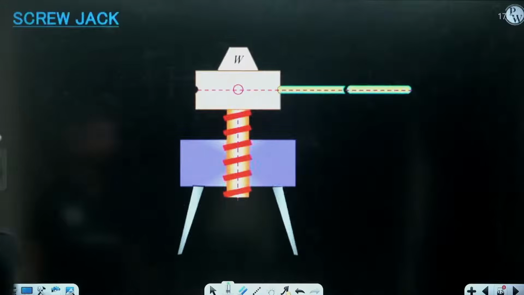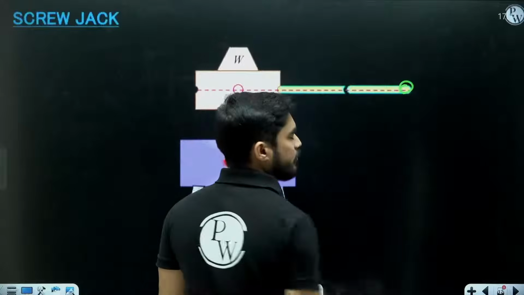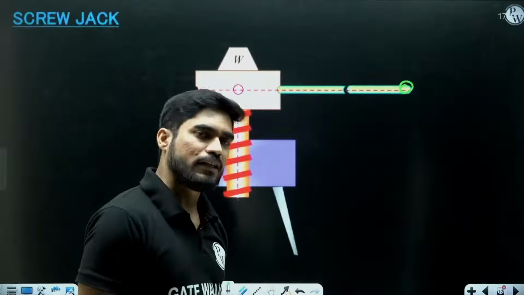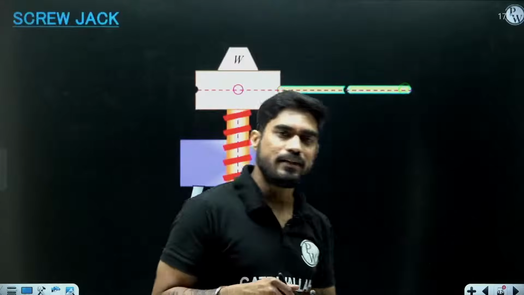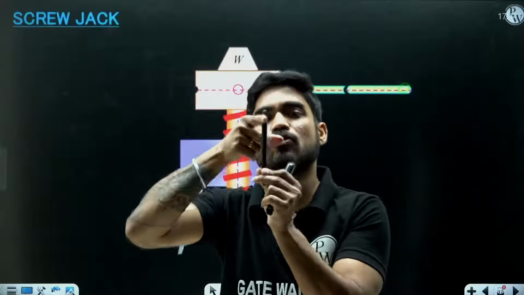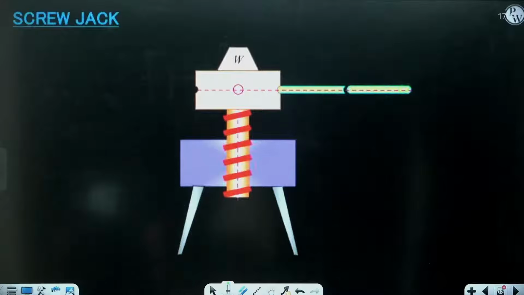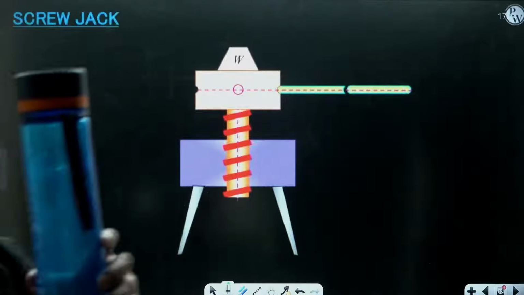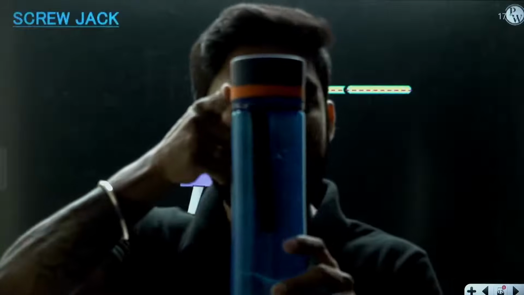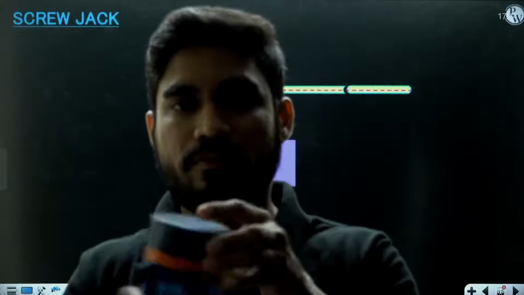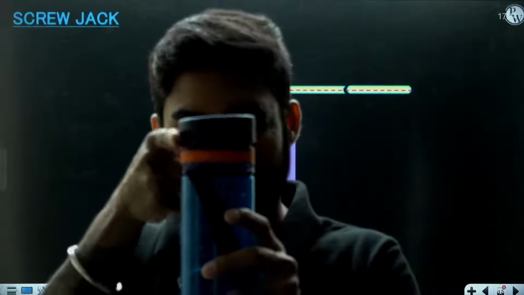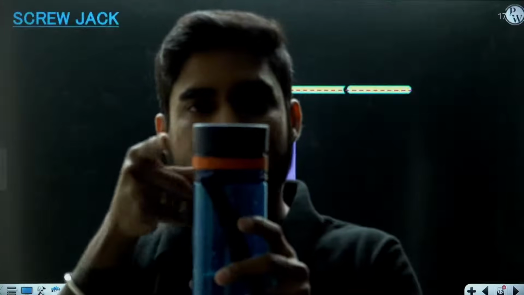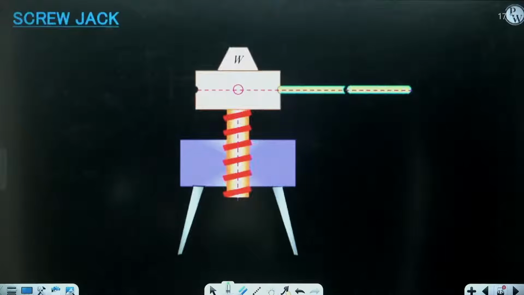But we will not be able to find the force required directly on the lever. First we will find the force required on the screw. See, this is the screw. If we apply the force directly on the screw like this, then how much effort is required? And from there we will calculate the effort required to be applied on the lever.